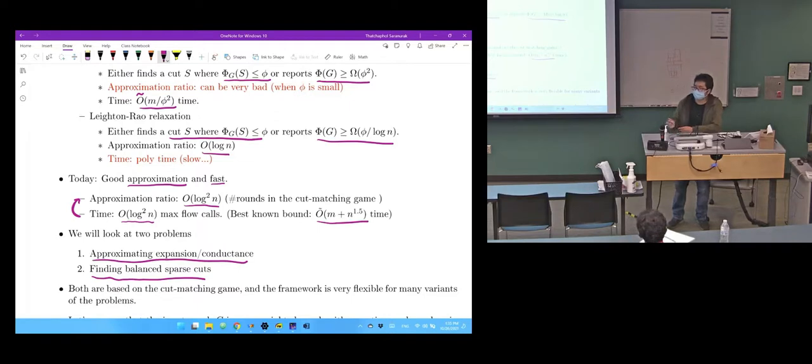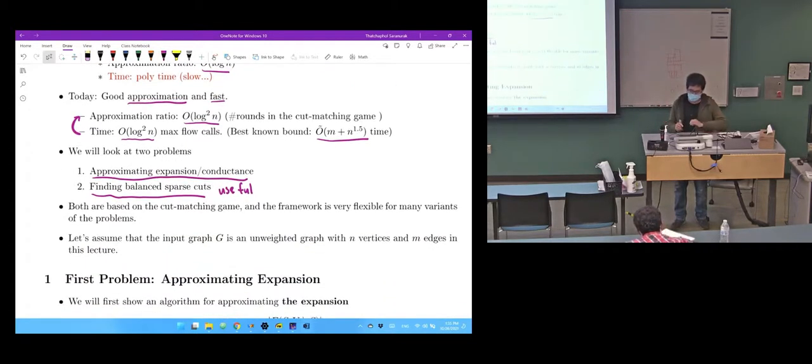It's not just checking if there is any sparse cut. You try to find the one that is balanced. And this is going to be very useful. This framework is very flexible, and you can use it to solve many variants of this problem.